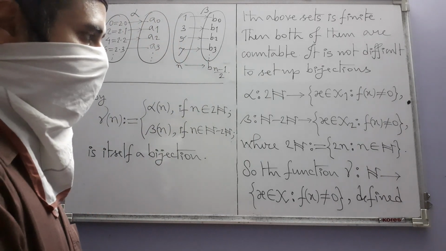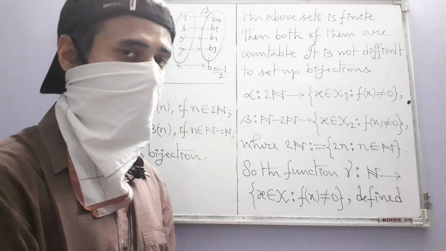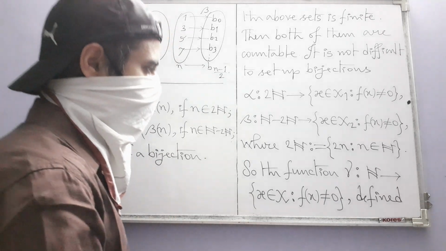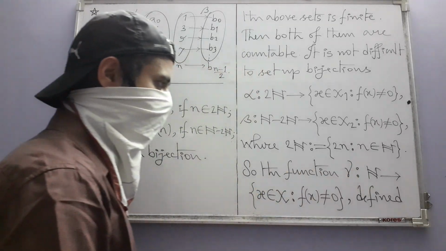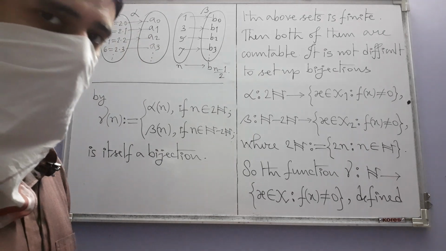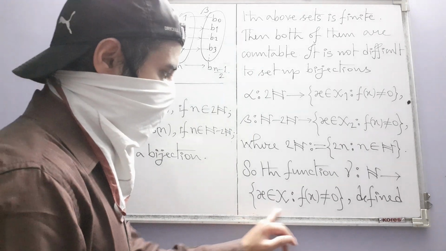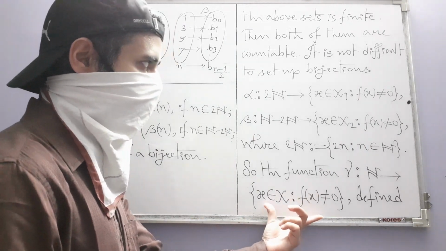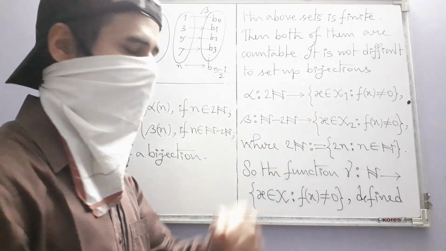Okay, so now using alpha and beta, we have defined a third function. This, however, has the set of natural numbers itself as its domain, and the range is this, which we know is the union of these two sets.